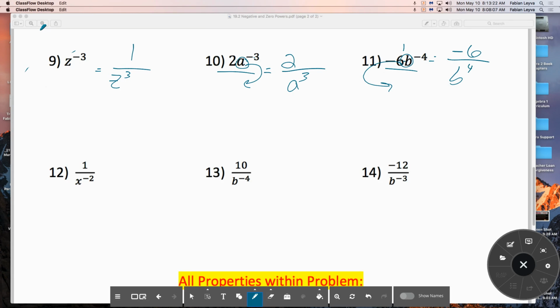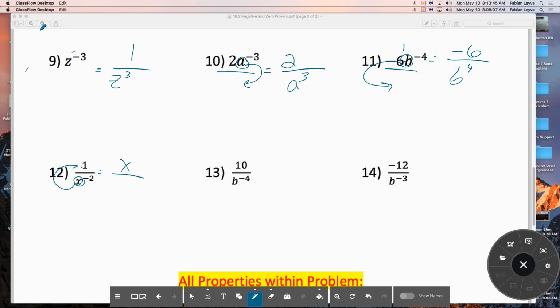All right, so let's check this out. Where's my base at? The denominator. Does it have a negative exponent? Yes. Now, it is improper to have negative exponents, so no matter what, your answer should always have a positive. How do we deal with it? We take that base and we move it to the opposite side. Now, notice it was in the denominator, so I'm going to move it to the numerator.